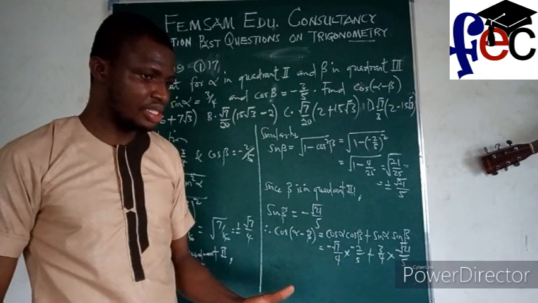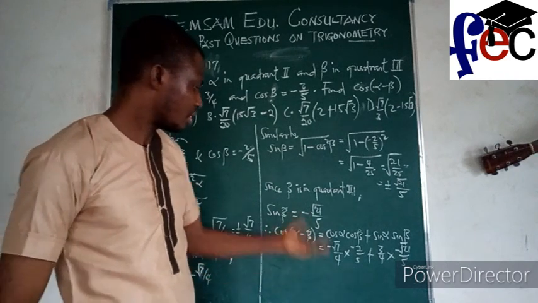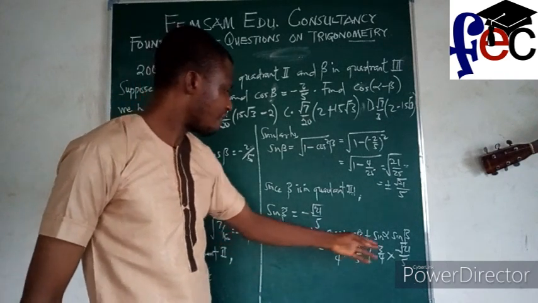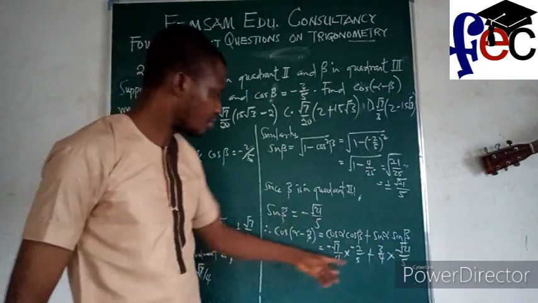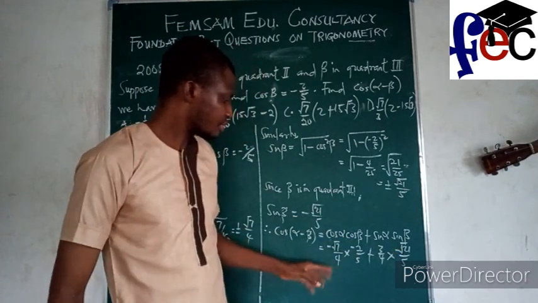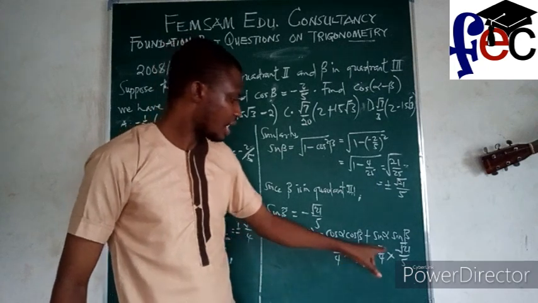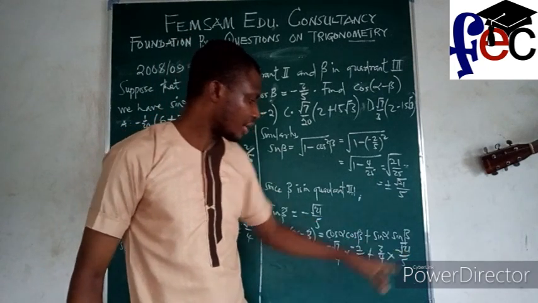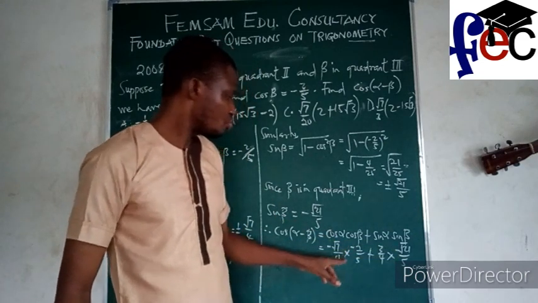And 21 is the same thing as 3 times 7, so I can factor out root 7. Do you understand now? If I factor out root 7, I'll be left with 2 here, and I'll be left with root 3 here, so this will be 3 root 3.